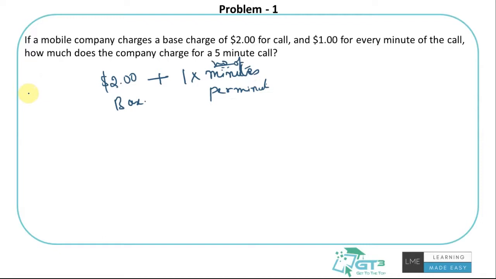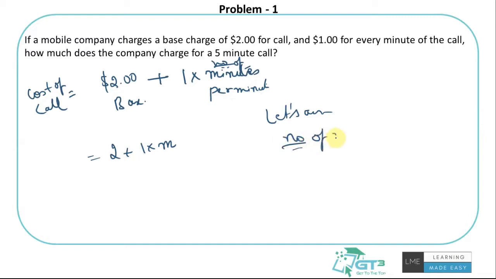This is my cost of the call. That's like 2 plus 1 into the number of minutes. Let's assume the number of minutes on the call is M. So my cost of the call would be 2 plus 1 into M, because for the number of minutes I speak, I pay $1 for each minute, plus $2 as the base.